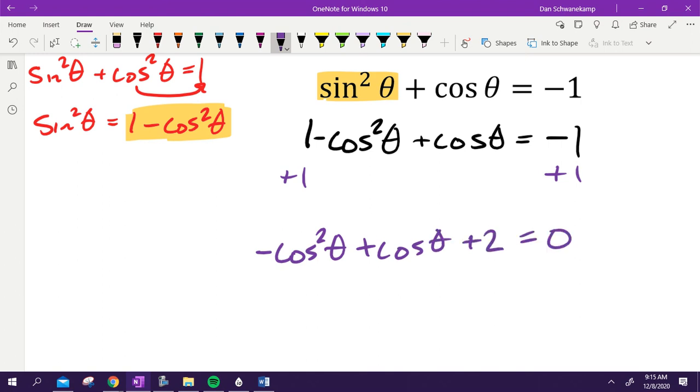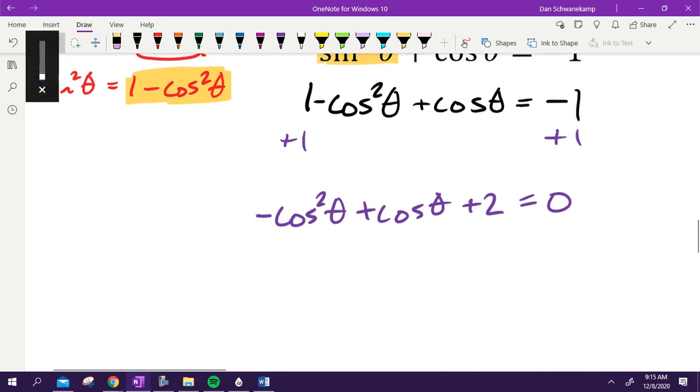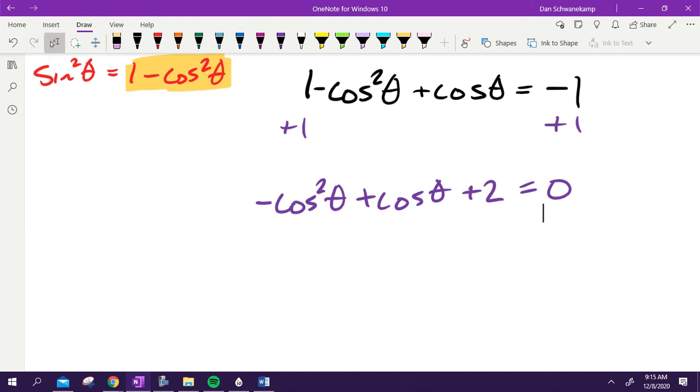That's all equal to 0. What else should I do here? I don't like the negative in front, right? So what could I do to make it not be negative? Yeah, I might just change all the signs. Cosine squared theta minus cosine theta minus 2. I just changed all the signs.